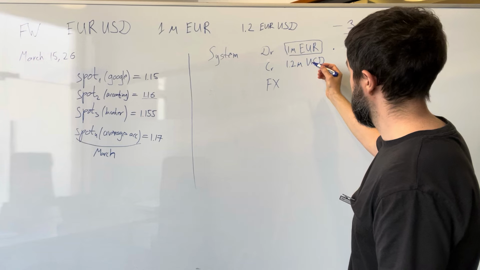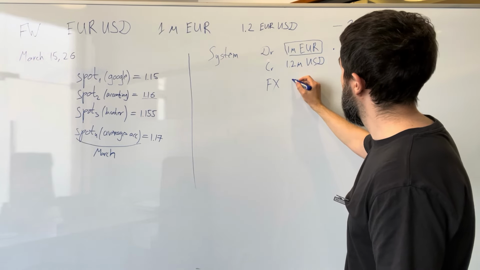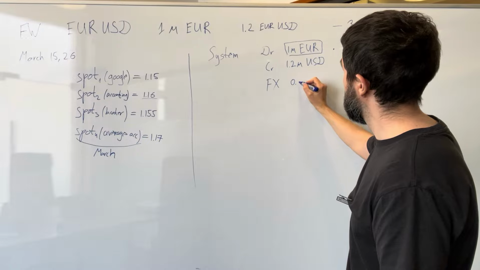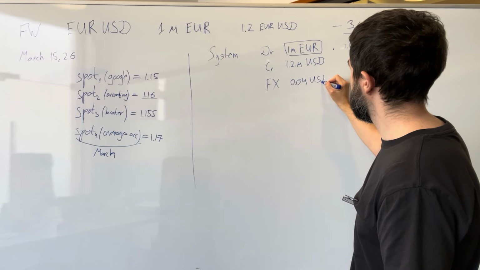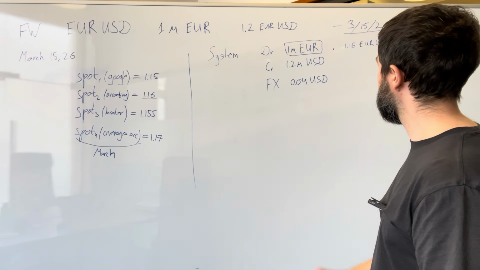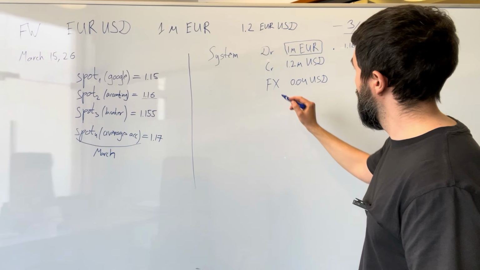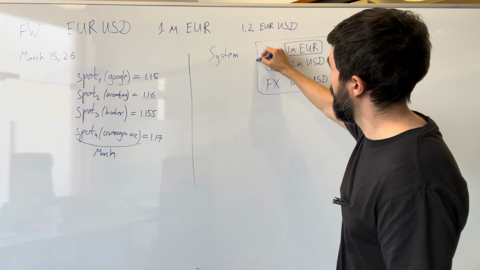So in FX, we will have debit 0.04, as I'm working in millions of US dollars. Okay, that's clear. These are the automatic system postings.